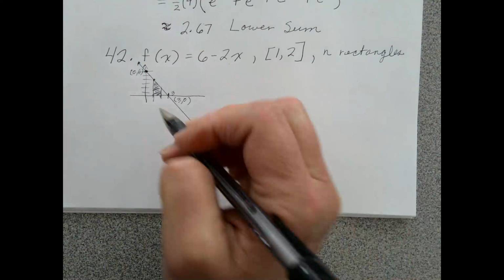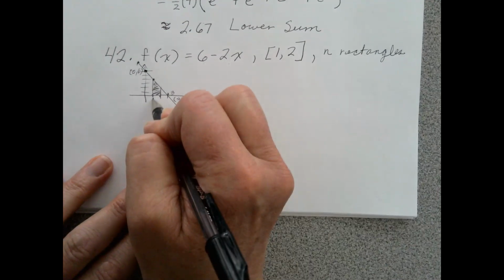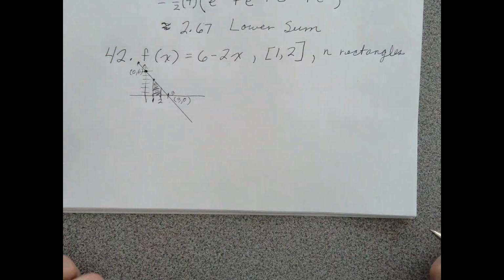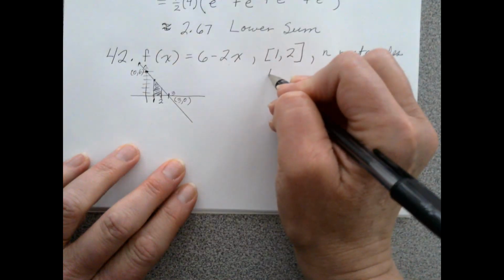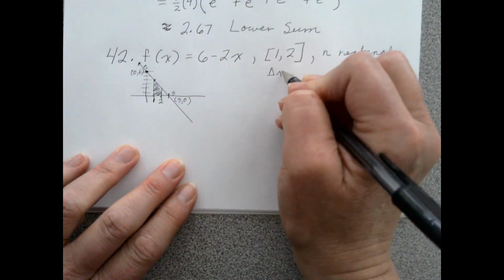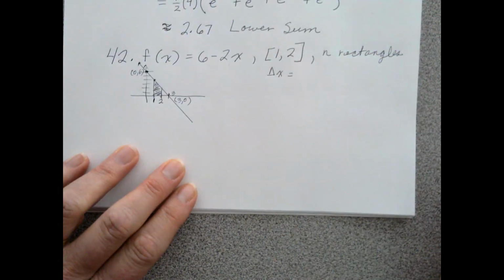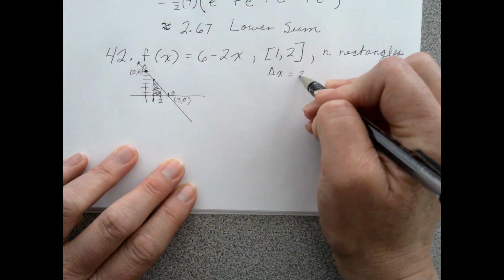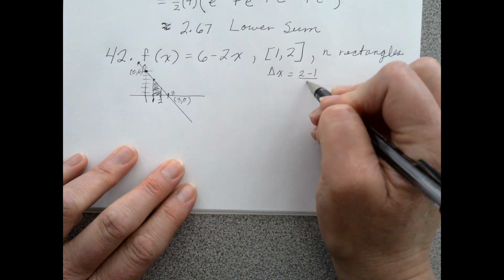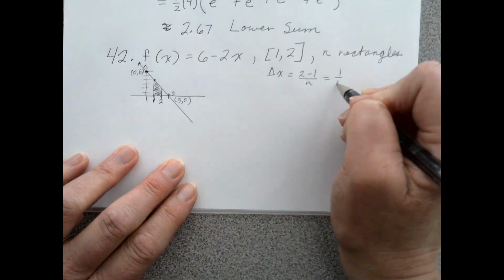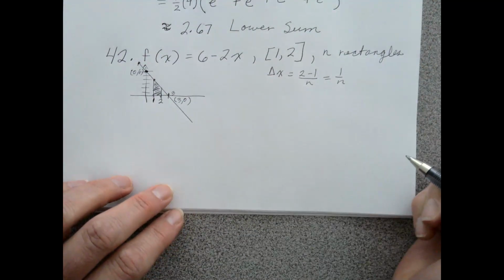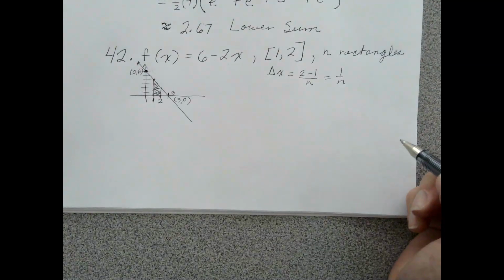Okay, so the lower boundary is 1, the upper boundary is 2, so what's the width of those rectangles going to be? It's 2 minus 1 over n, which is 1 over n. Okay, so that's the delta x, the width of the rectangles.